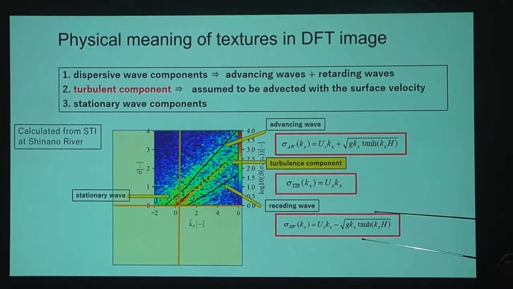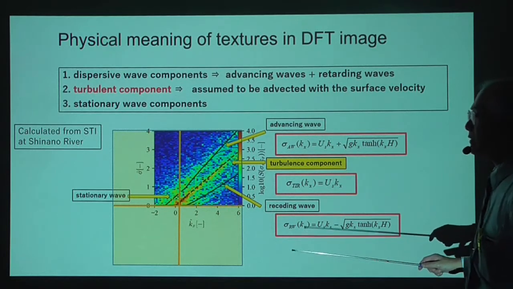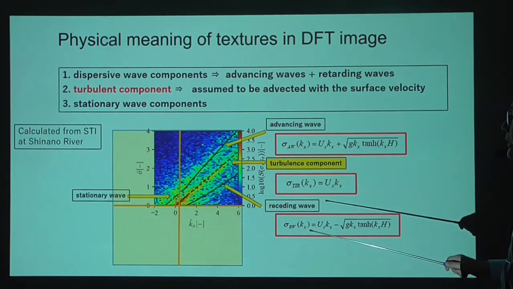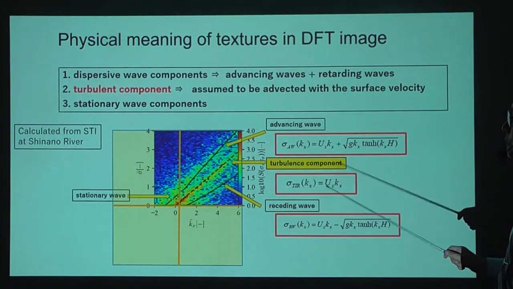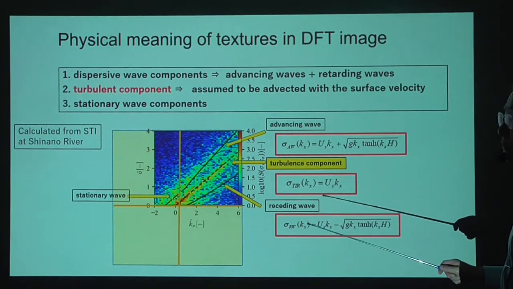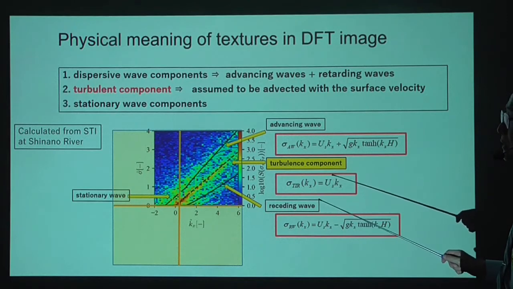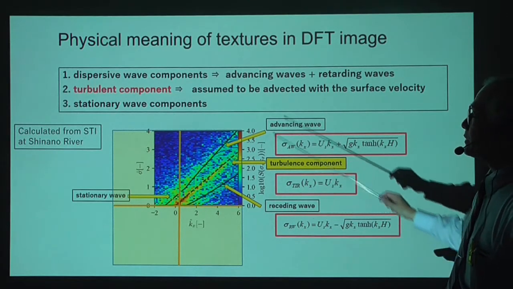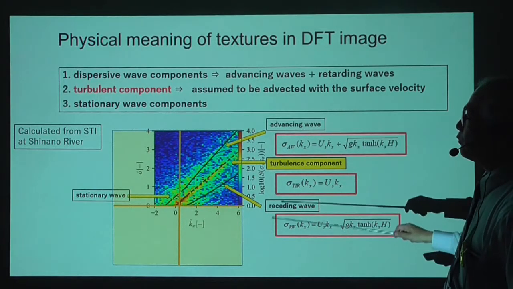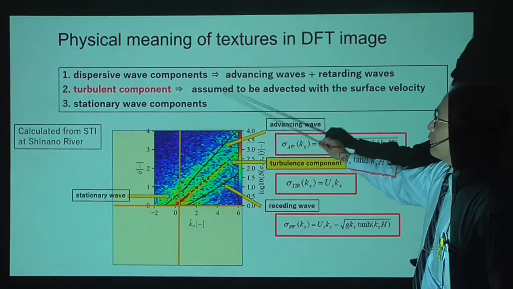In applying the surface velocimetry to the surface pattern, we have to be careful about the waves appearing on the water surface. So there are several waves.